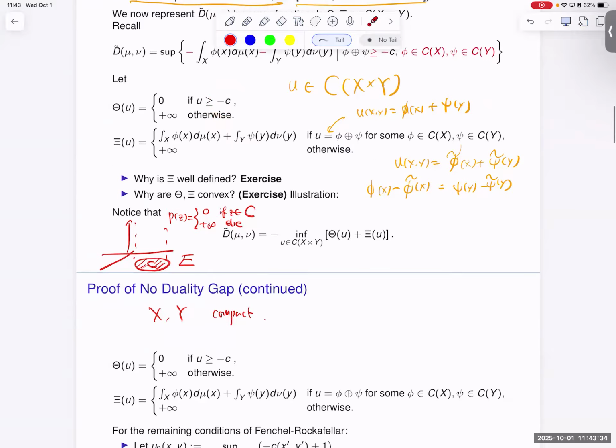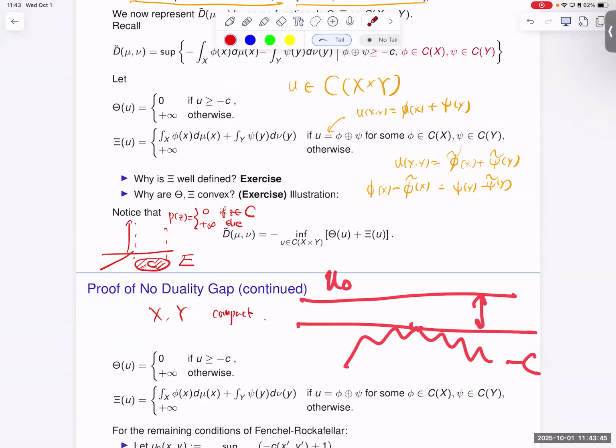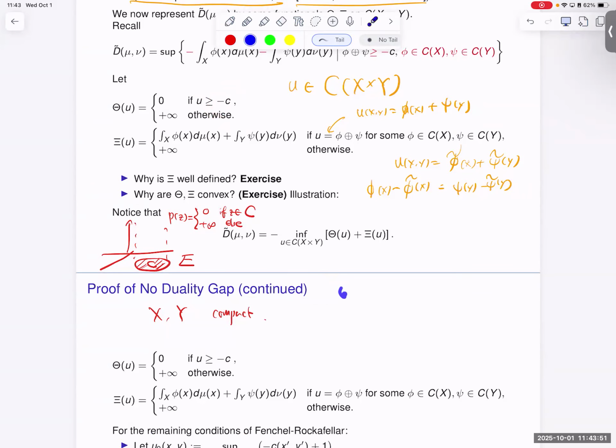So in other words, negative C will be like something like this, and then there is a maximum value here. You choose U0 to have a strictly larger value than this maximum value. Let me just do it again. So you have, let's say, negative C, and this will have the maximum value.